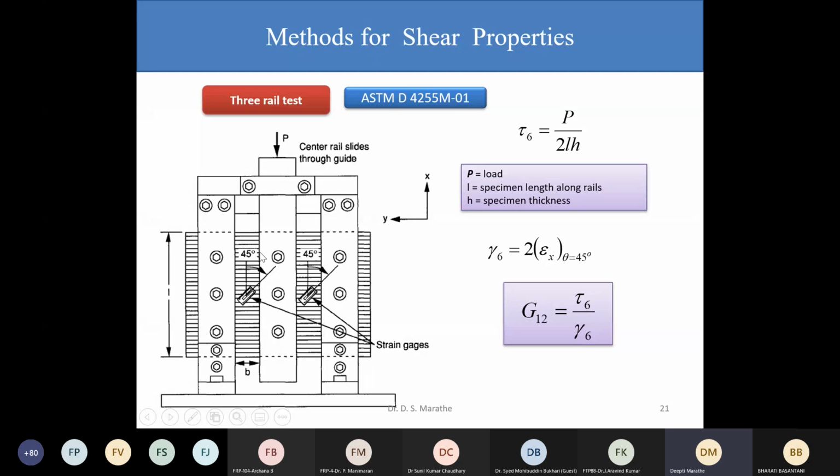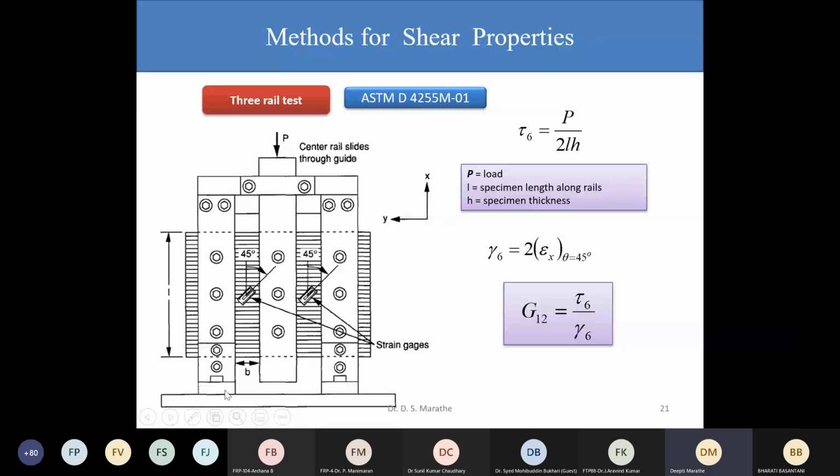I am applying load P. Due to this load P, the area is nothing but the length of the sample, the length here, into the width, which is in the direction perpendicular to the board. B is the perpendicular direction. So that is the area which is undergoing shear because of this compressive force P.